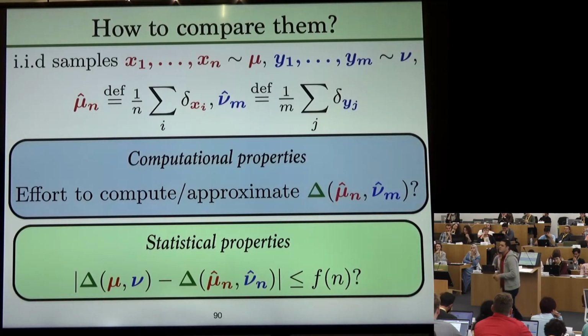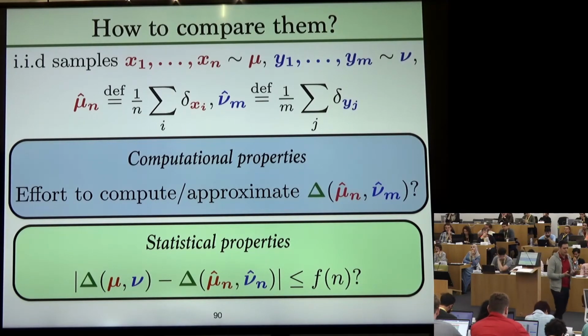And there's a few things you can also say about their computational properties and their statistical properties. You remember I told you that when you use a tool in machine learning that computes quantities based on samples, it's both important to have something that is quick and something that somewhat converges to what you want, to the real density-based quantity.